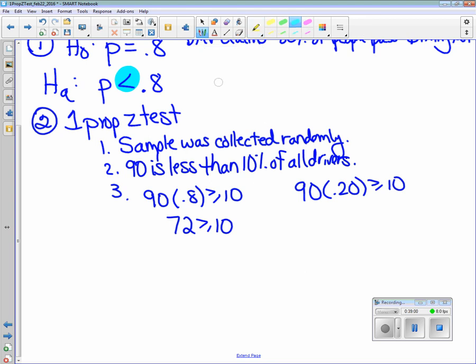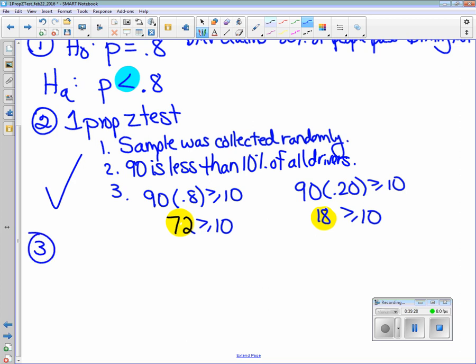By the way, just mathematically, both of these numbers that I'm getting ready to write should add up to be 90. So this should be 18. Is it? It is, though. That's the way it works. So it should add up to be your N. They're both greater than 10. So our conditions are met. Hallelujah.